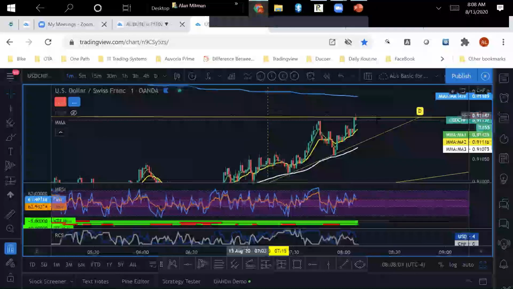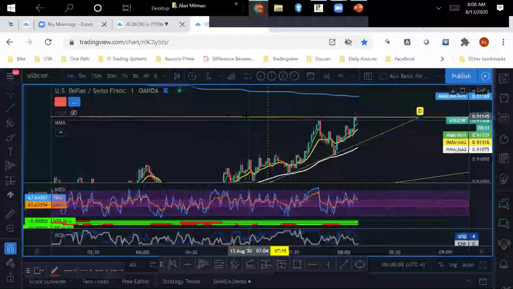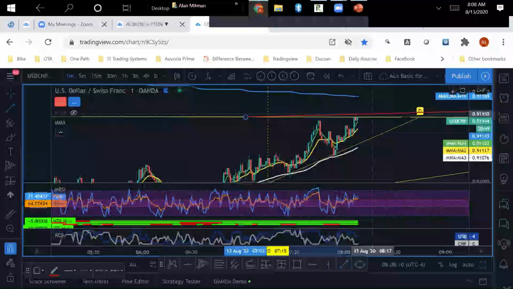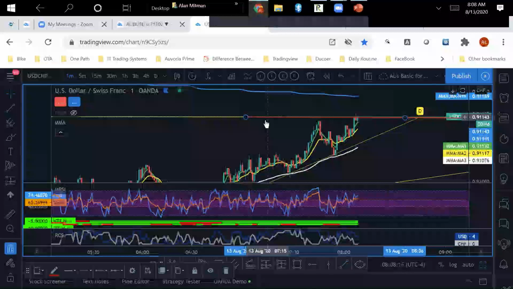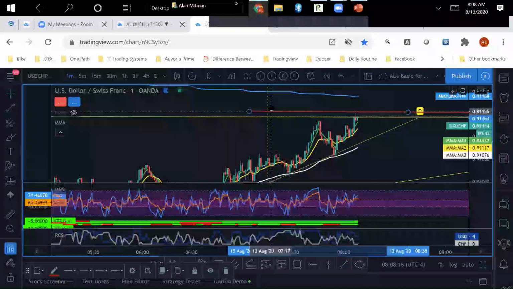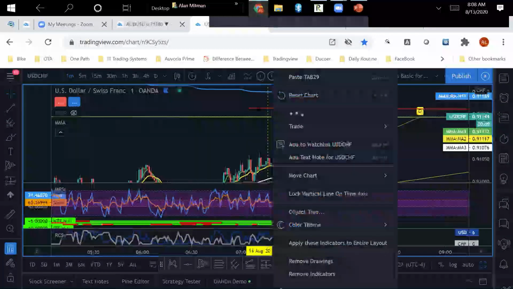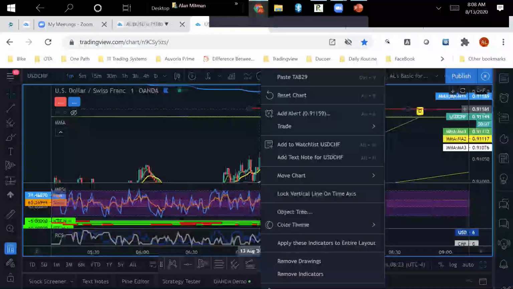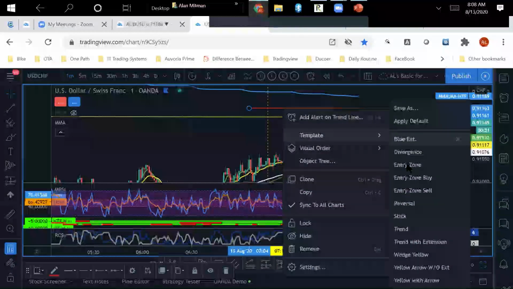Here's our top of the wedge. We're going to find our 2-pip zone. It's 14.16.3. About there. And we're going to make this entry to buy.